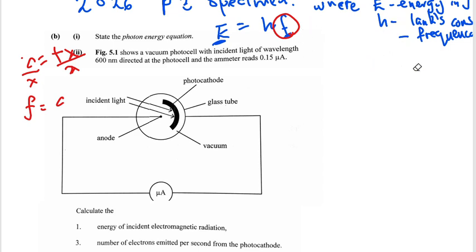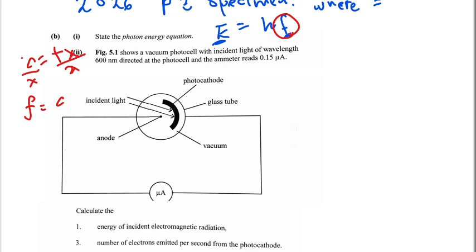So in that case, can I draw a graph? Maybe E versus lambda. It will be like this. We have energy on the vertical axis, and then we have lambda. The graph of these two is inversely proportional. As you can see, E is equal to hc over lambda, so definitely the denominator cannot be 0.